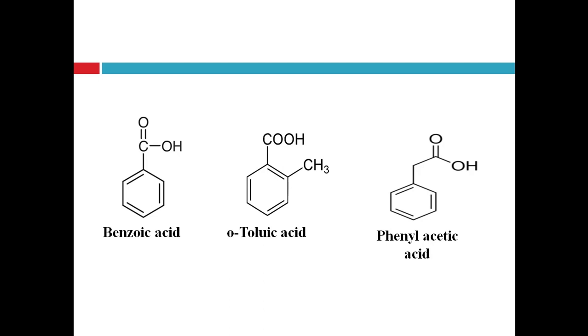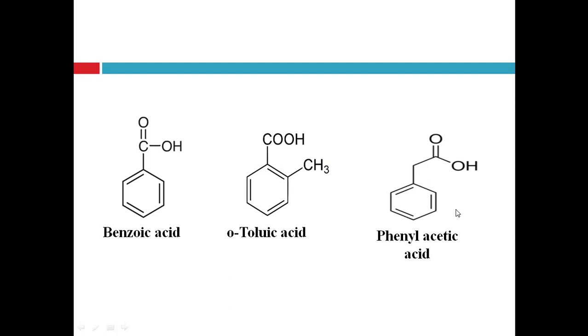When a methyl group is present with the carboxylic group on the benzene ring, they are known as toluic acid. When both groups are present ortho to each other, it is known as orthotoluic acid. When both groups are present para to each other, it is known as para-toluic acid.